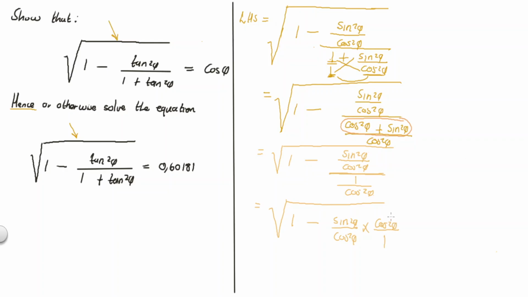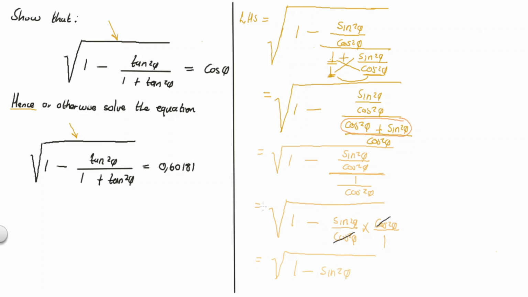Then we cancel this, cancel this. Whatever remains is this: 1 minus sine squared theta.